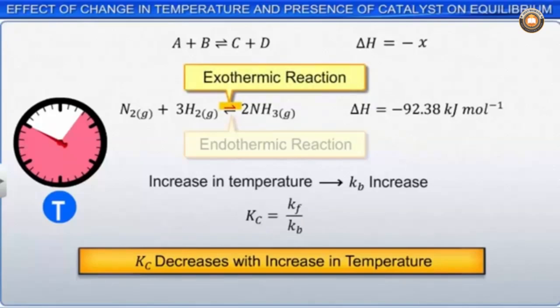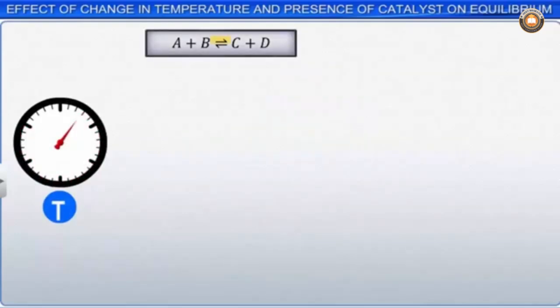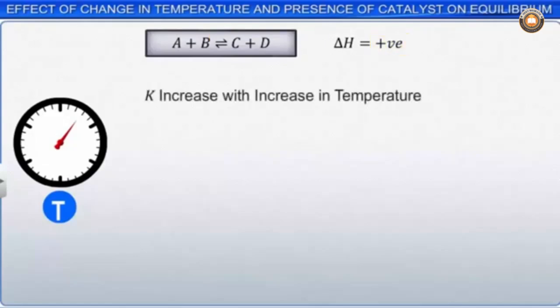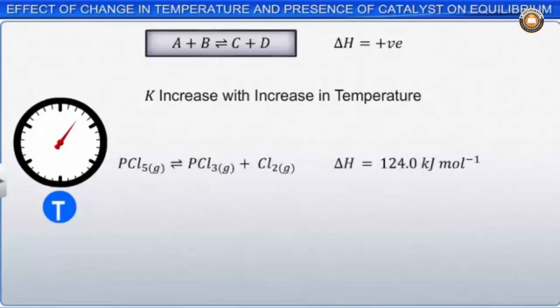Equilibria in which the forward reaction is endothermic, that is, where the enthalpy change is positive, have equilibrium constants that increase with an increase in temperature. Consider the gas phase reaction of the decomposition of phosphorus pentachloride into phosphorus trichloride and chlorine.